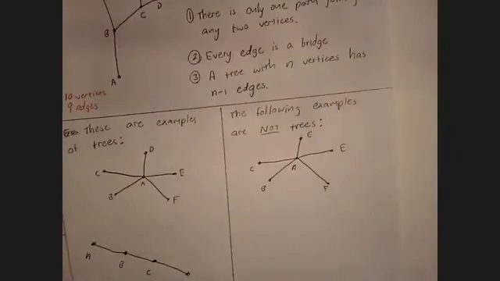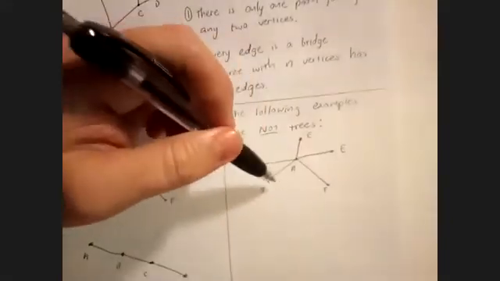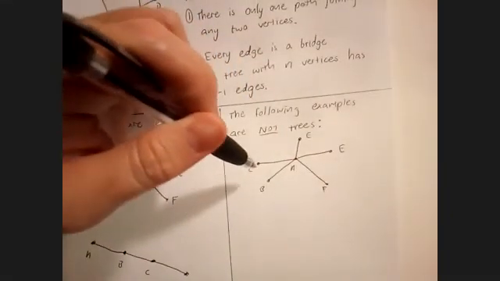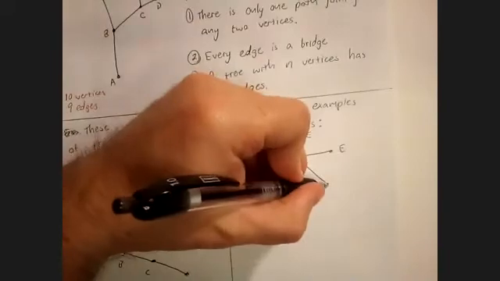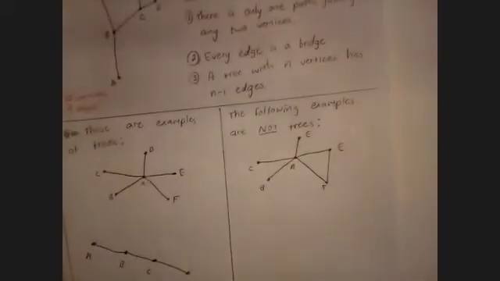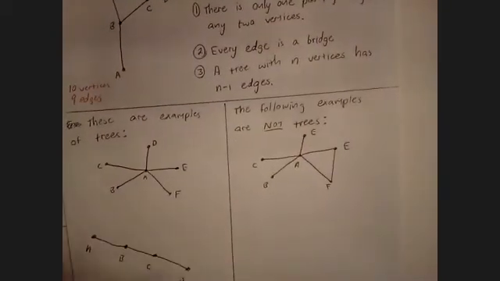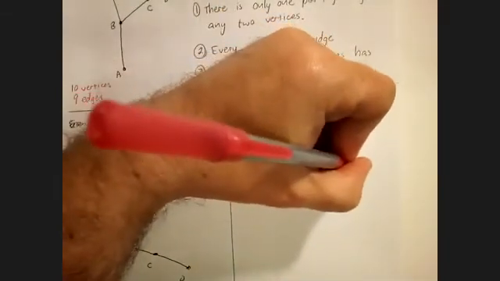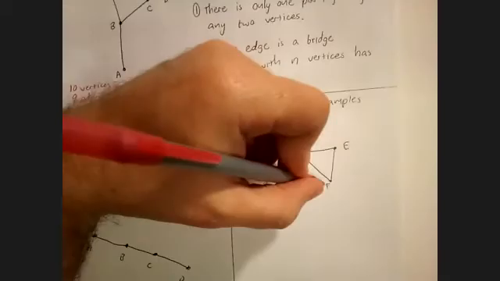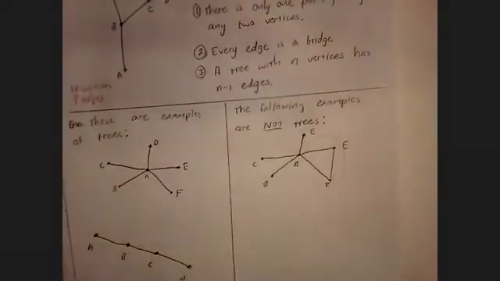Could you connect any of these edges so that it no longer makes a tree? In fact, if I connect any of these other two edges together, we no longer have a tree. So here's an example where it's no longer a tree because that is now a circuit.